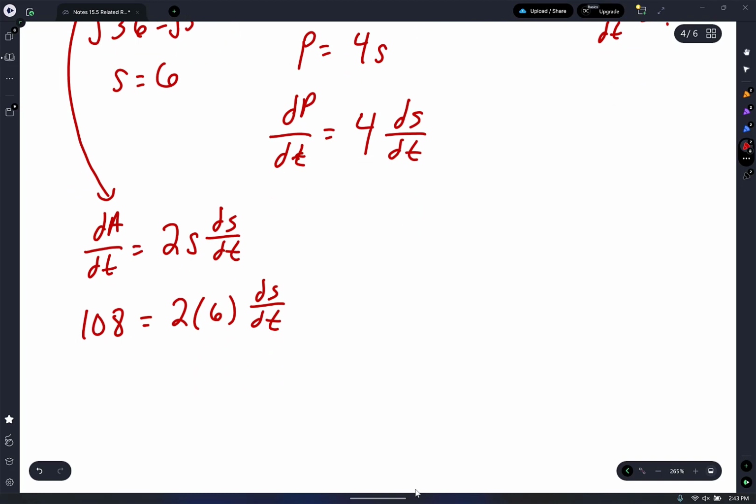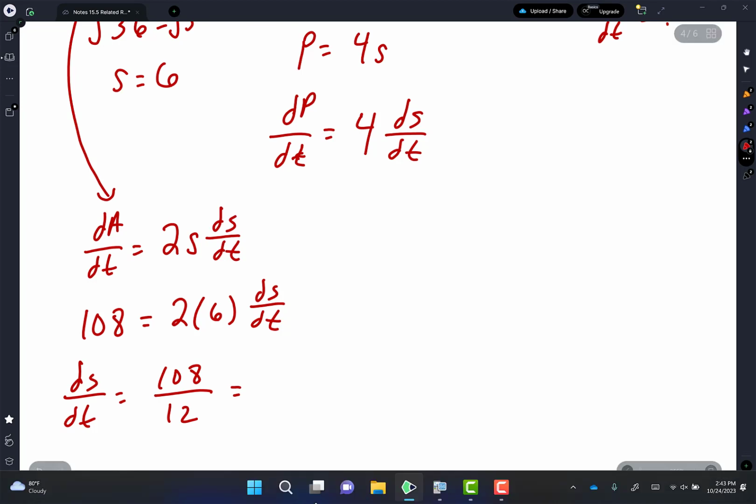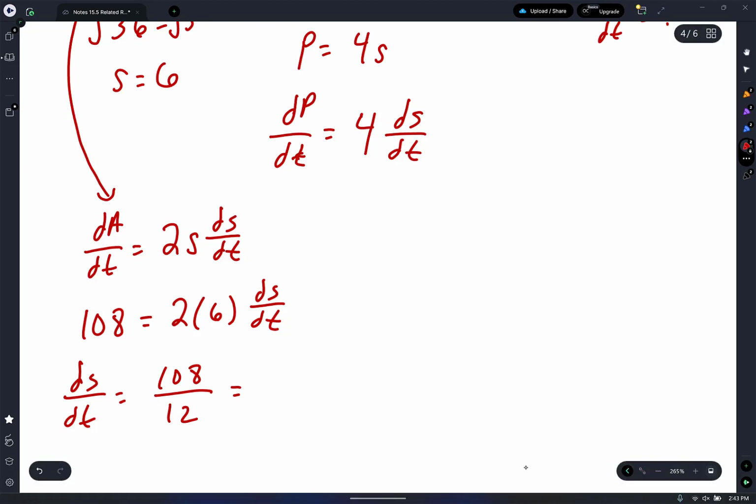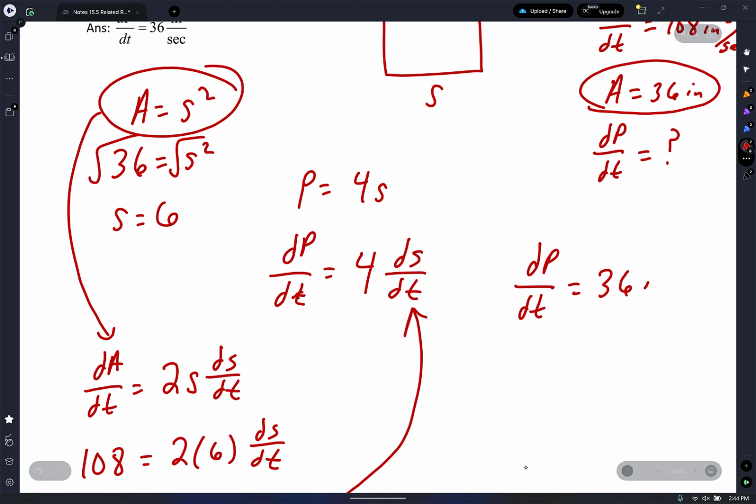So 2 times 6 is 12. So ds dt is equal to 108 divided by 12. It's 9. Perfect. Use that number to plug it in there. So dP dt is equal to 9 times 4, which is 36, and my units are inches per second.